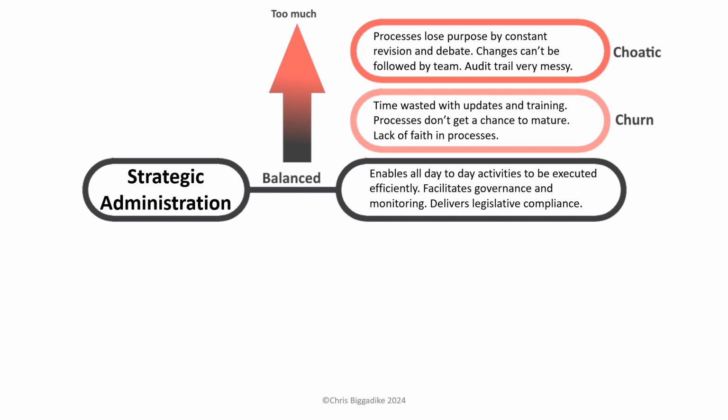If this becomes too chaotic, the whole purpose of having processes becomes pointless. They're in a constant state of revision and debate, so they're never really active. Changes can't be followed by the team, and trying to follow an audit trail is very, very messy.